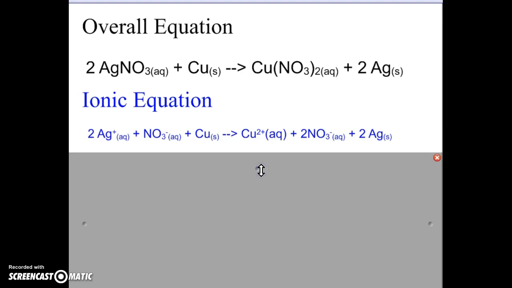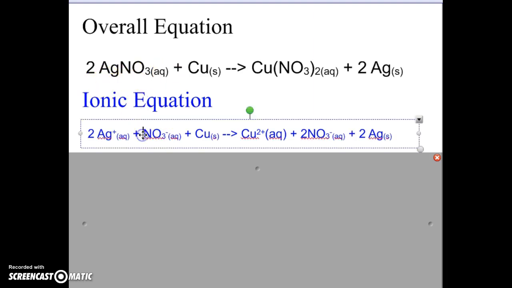How did you do? Silver ion, nitrate ion, coming from the silver nitrate. Whoops, looks like I forgot to put in a coefficient of 2 because there were 2 silver nitrates, so that means there's 2 silvers and 2 nitrates. 1 copper, I bring that down.